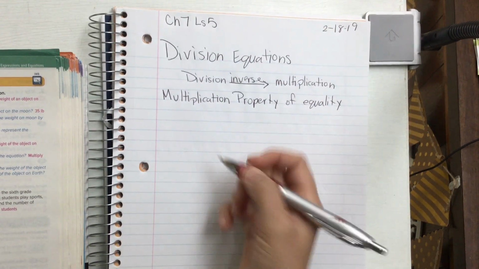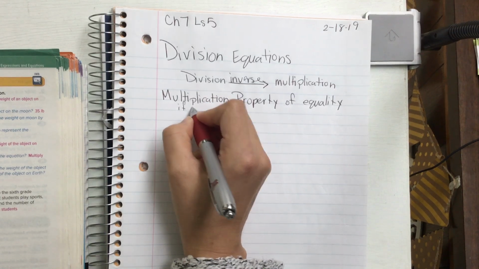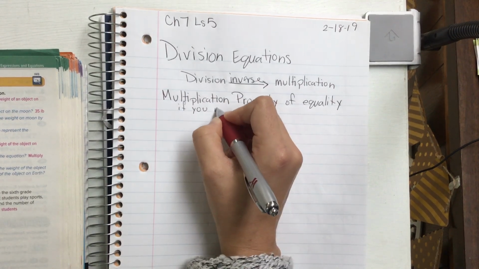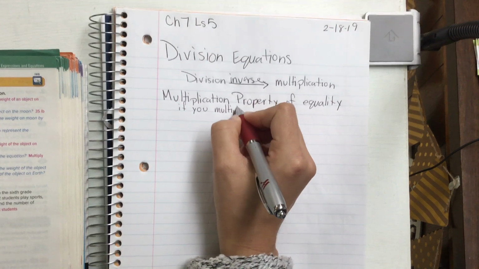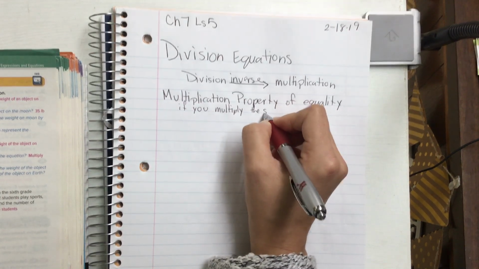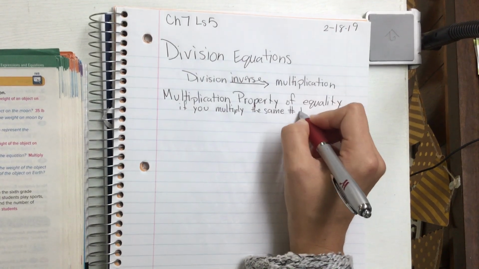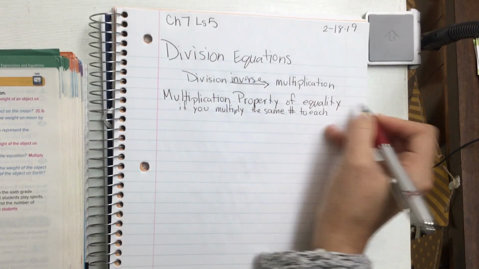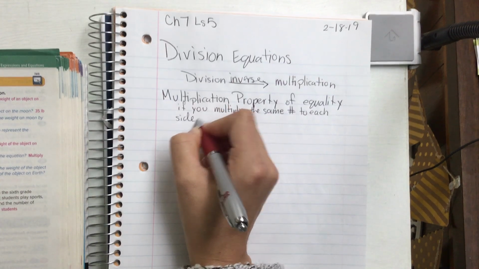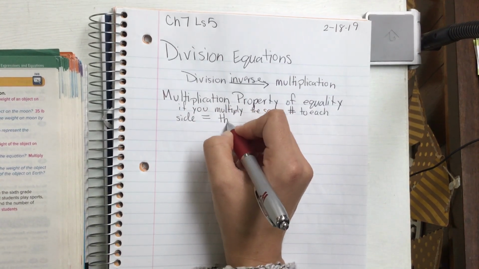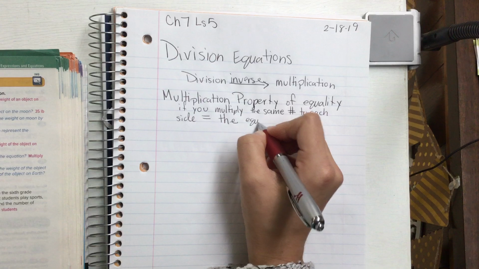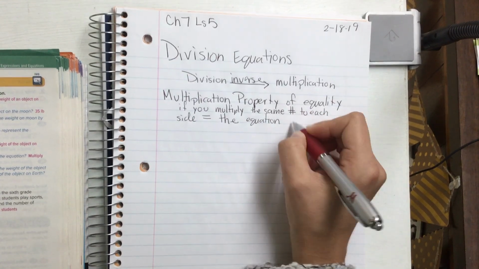And what that means is if you multiply the same number to each side of the equation, the equation stays equal.